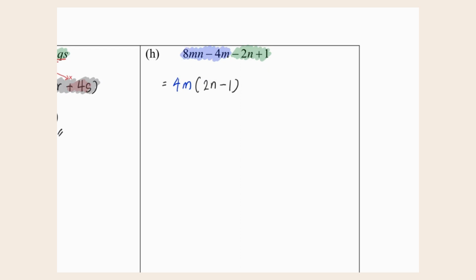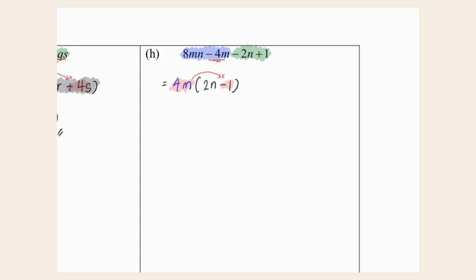Why is there 1 there? You might wonder, because if I were to expand and simplify this, I must get back my negative 4m back.